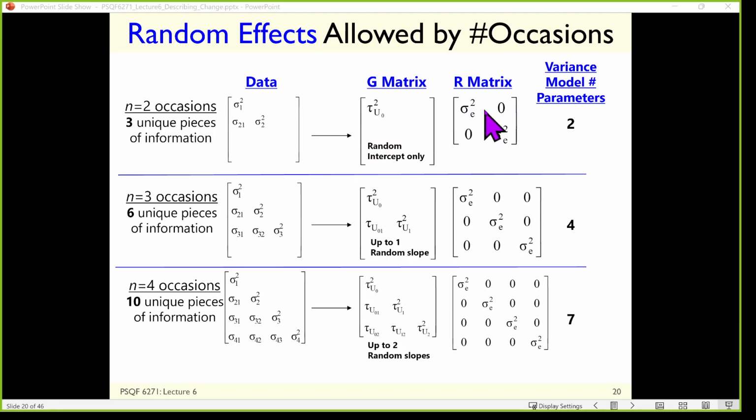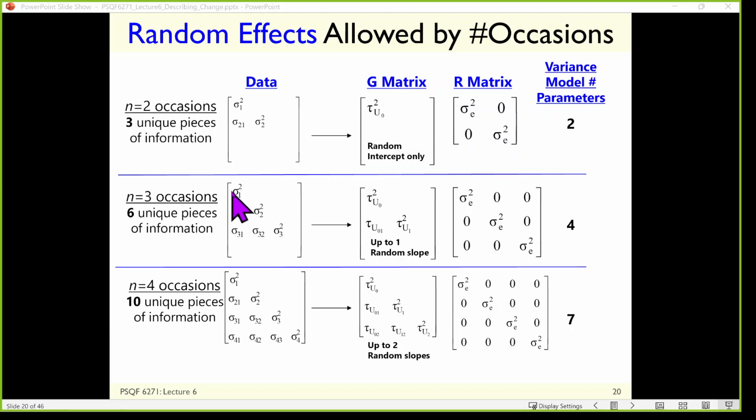Given that I have to have an R matrix, so at least 1 residual variance, I only have room for a random intercept. Because if I tried to estimate a random slope as well, that would take a random slope variance and a covariance with it, and I would be under-identified. So we have two parameters here, residual variance and random intercept variance, and there are 3 pieces of data. So there is essentially 1 degree of freedom left over.